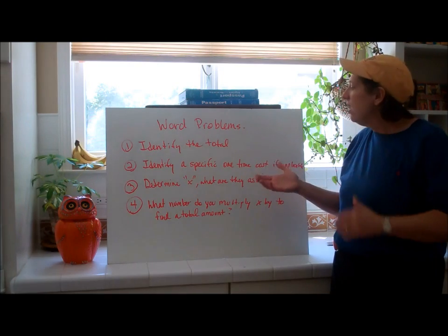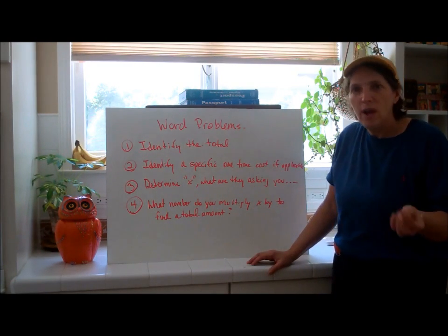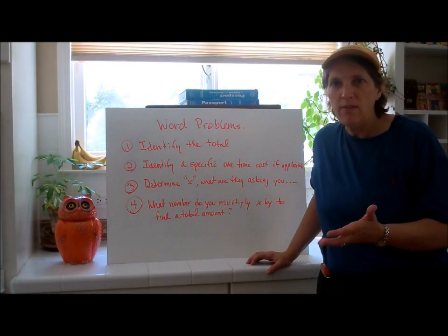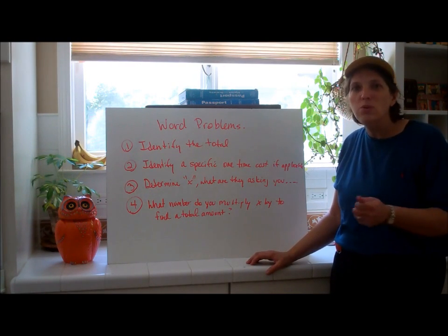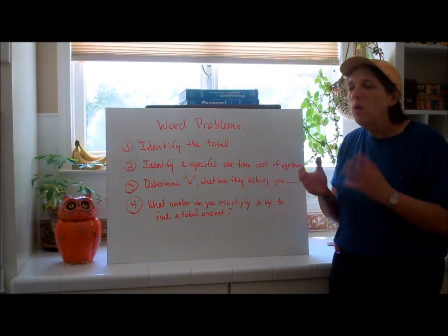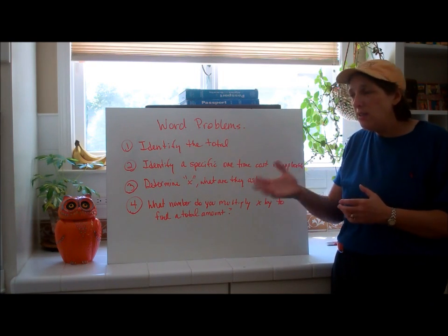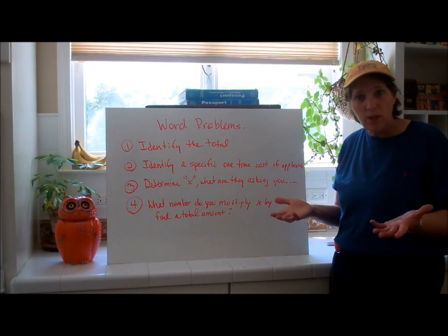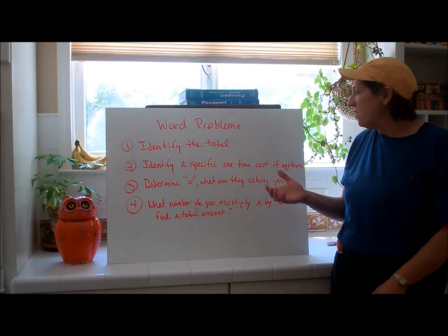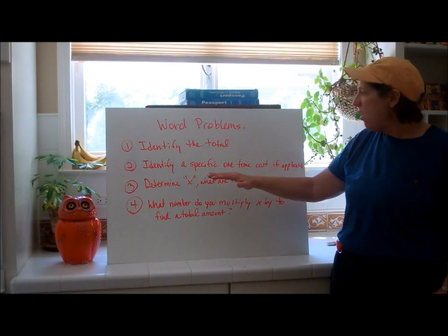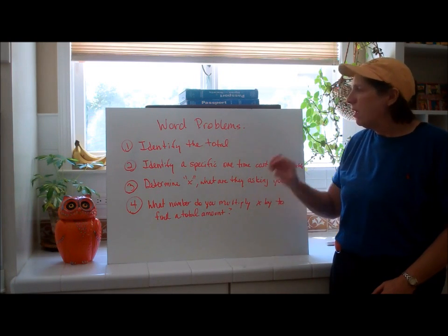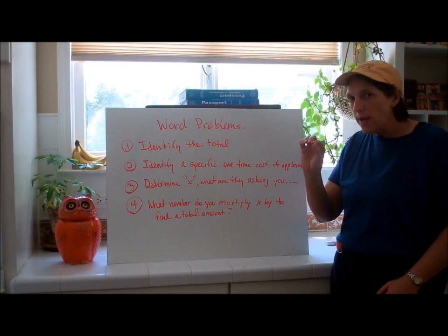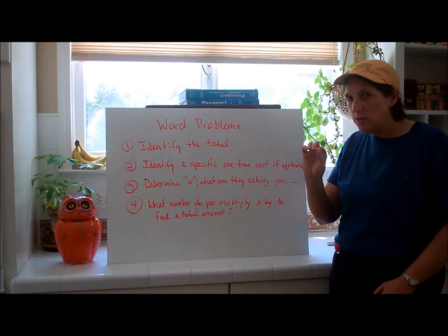But remember the garden problems, where I'm buying flowers and I have a one-time cost of tools and fertilizer. That one-time cost has to come out of my total budget, so I'm going to add that to that side. So you identify a one-time cost. That's going to be added or subtracted on the variable side.